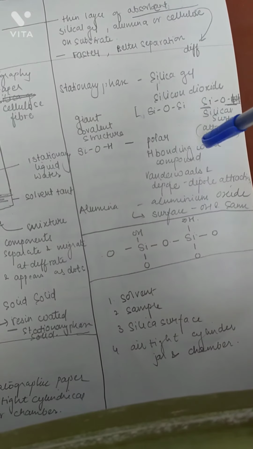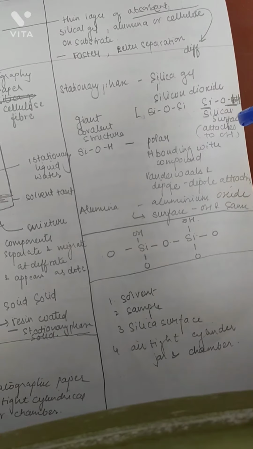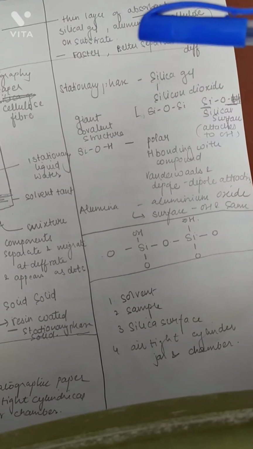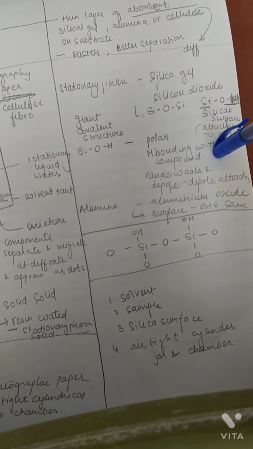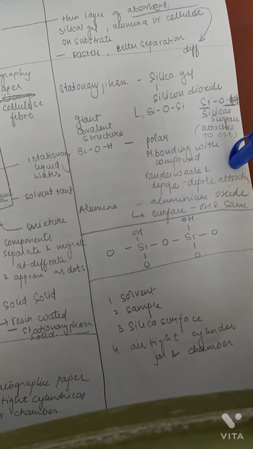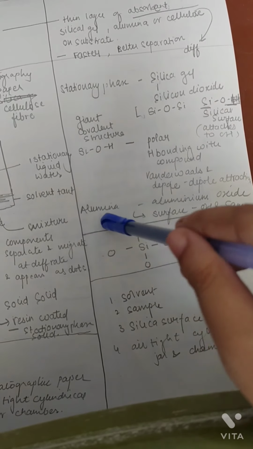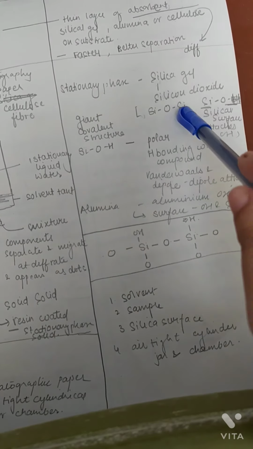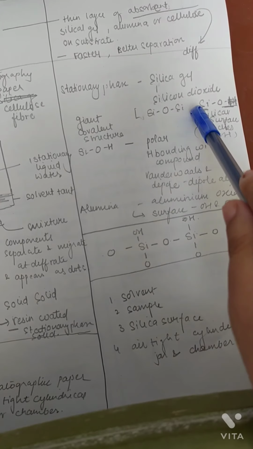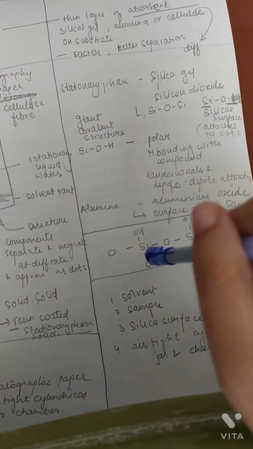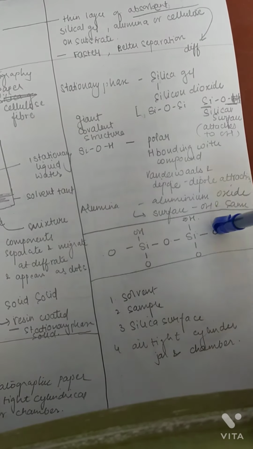This silica surface is basically polar in nature, and since it's polar, it will create hydrogen bonds, van der Waals force or dipole attraction force. Instead of silica gel, one can use alumina also. So aluminum oxide, the alumina surface, the same principle as silica gel is used. So this is the structure of the silica surface.